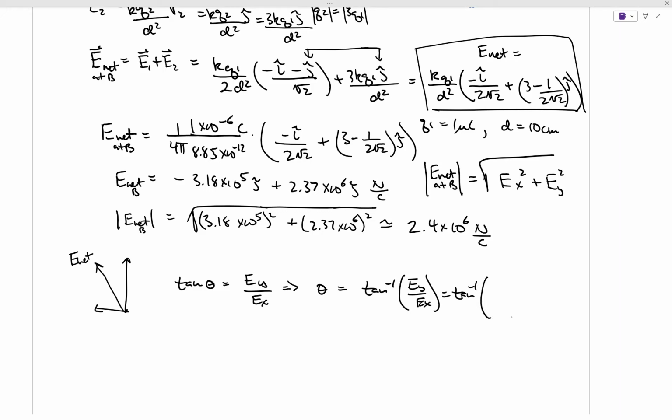So what is that? That would be 2.376 over, et cetera, et cetera. Not super exciting, but we find in this case that this is 82 degrees relative to the negative x-axis, which is reasonable. We know that it's going up a lot more than it is going in the negative x direction.